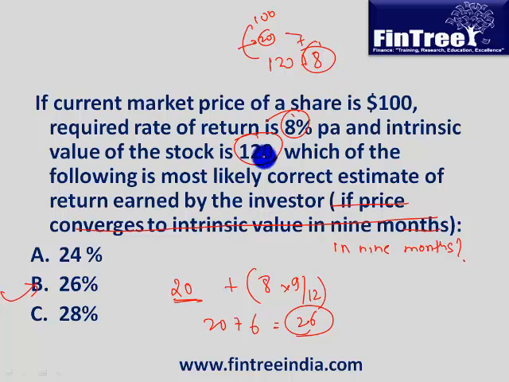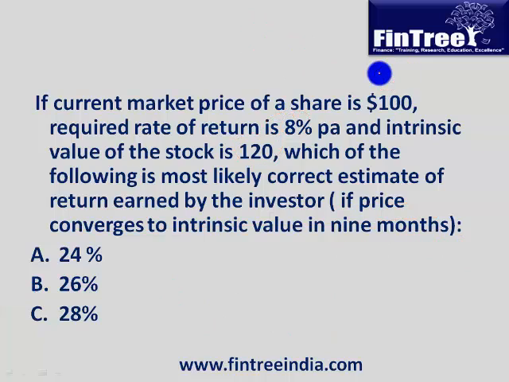If you want to do it exactly, it would be 8% of 120, which should be about 10. So it would give you a higher return. It's okay. No, we've calculated this on 100 itself.